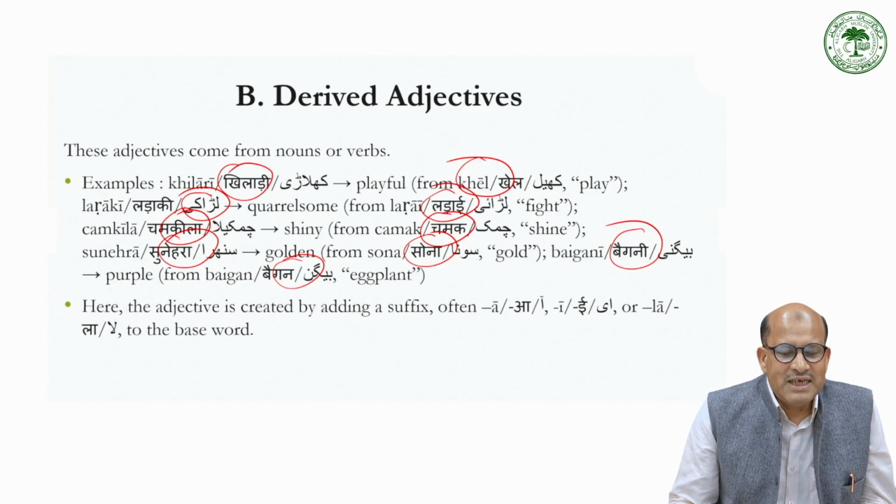These are called derived adjectives: खिलाड़ी from खेल, लड़ाकी from लड़ाई, चमकीला from चमक, सुनहरा from सोना, बैंगनी from बैगन. Here the adjective is created by adding a suffix: a in सुनहरा, ila in चमकीला, i in खिलाड़ी. So these are all called derived adjectives.